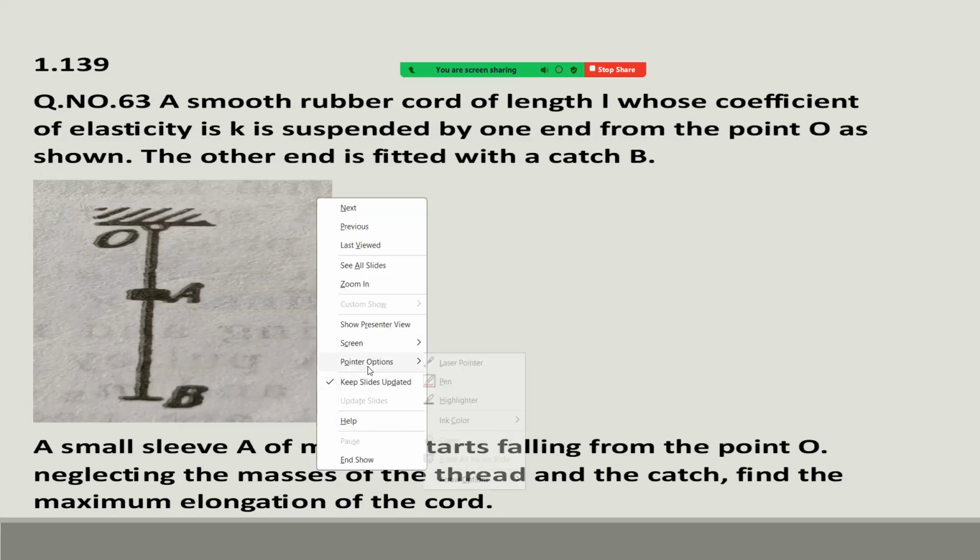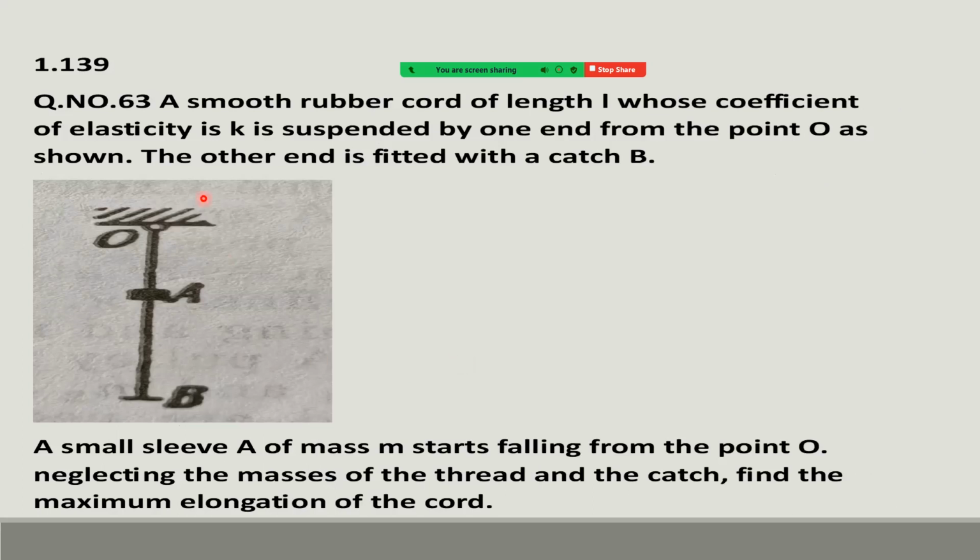Let's see the question given. A smooth rubber cord of length L, whose coefficient of elasticity is K, is suspended by one end from the point O as shown. The other end is fitted with a catch bead.